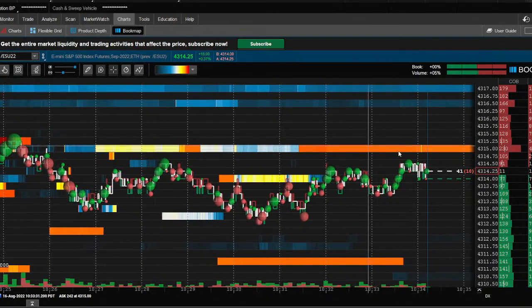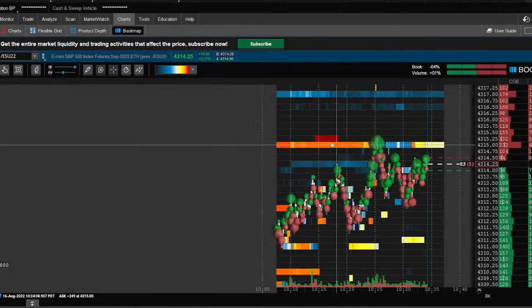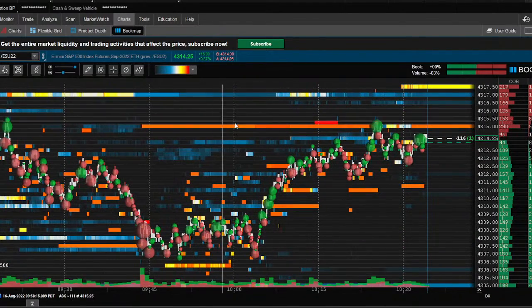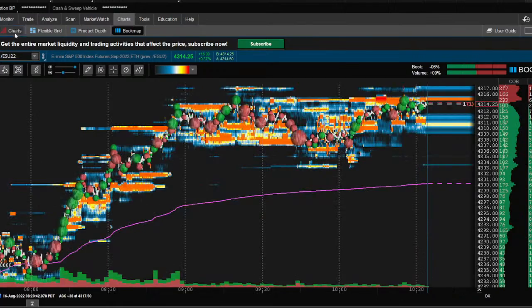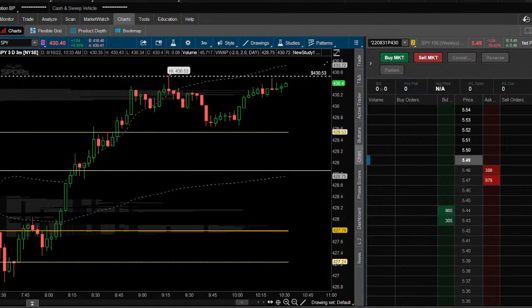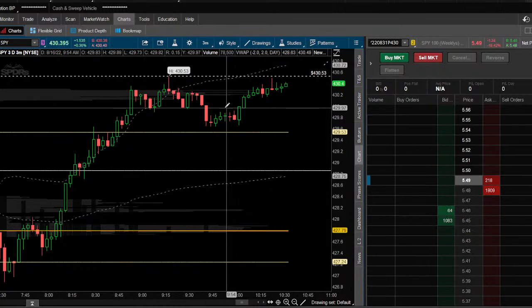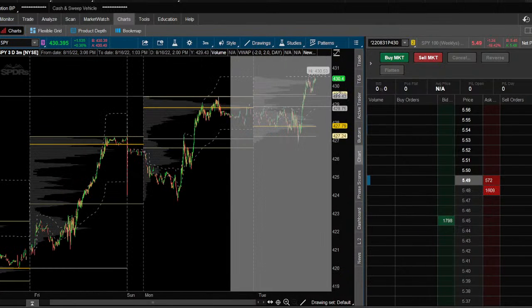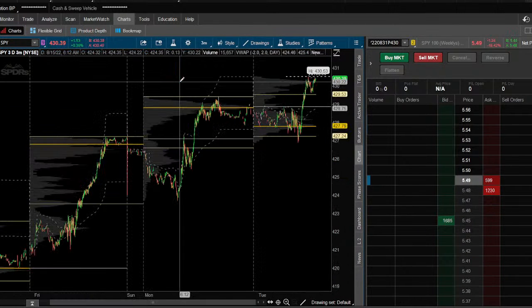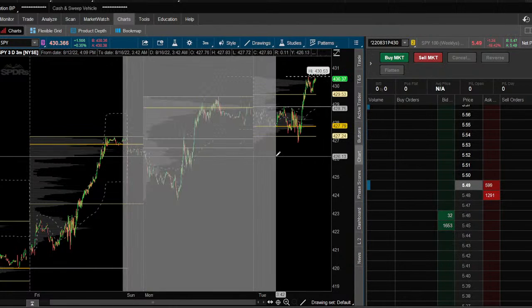Let's see what happens if they get filled. Yeah, this could potentially break out, but who knows? Well, it looks like this is gonna become the point of control now.